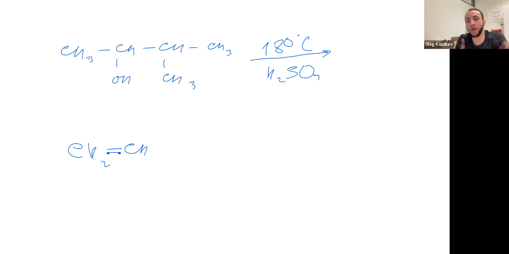From this carbon, OH with its electron on the oxygen was removed, and this carbon with an electron was left over. So now the electron on this carbon and the electron on that carbon will make a new bond. That's why now we have not a single bond here, but a double bond. So we have another bond formed in addition.